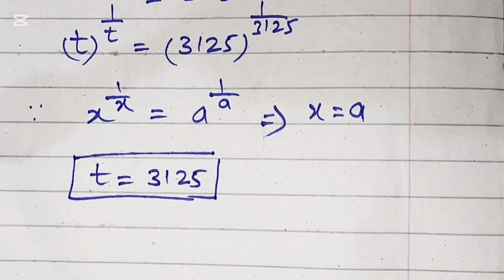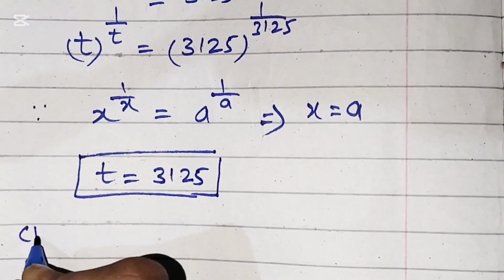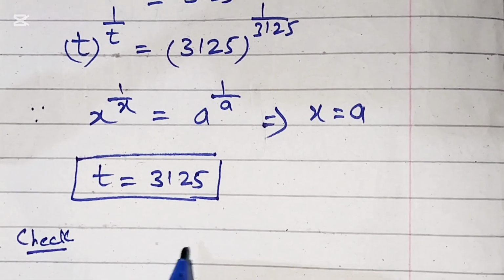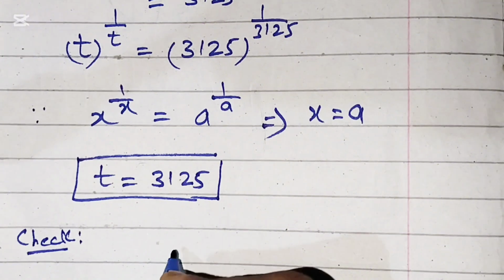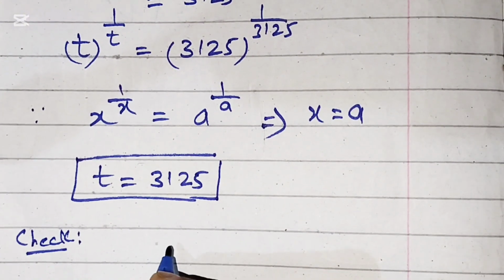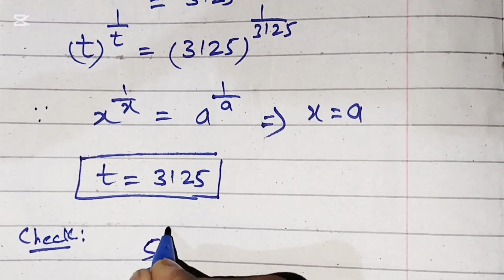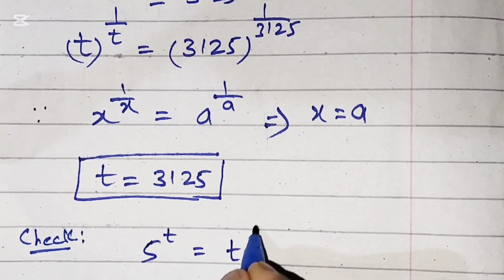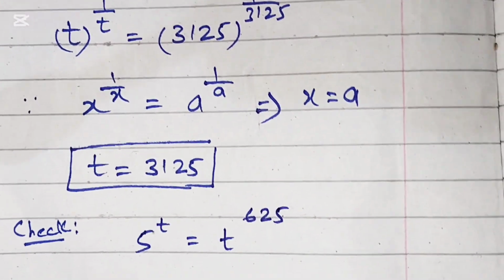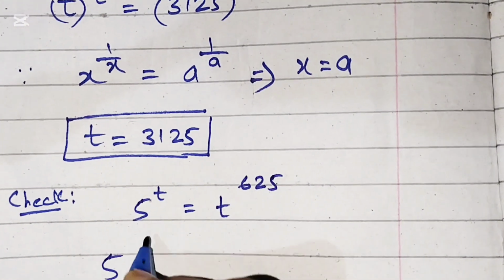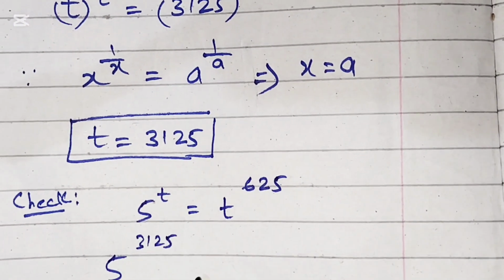Now we will check this answer of t by putting it in the given question. We have 5 power t equals t power 625. What is t? t is 3125.